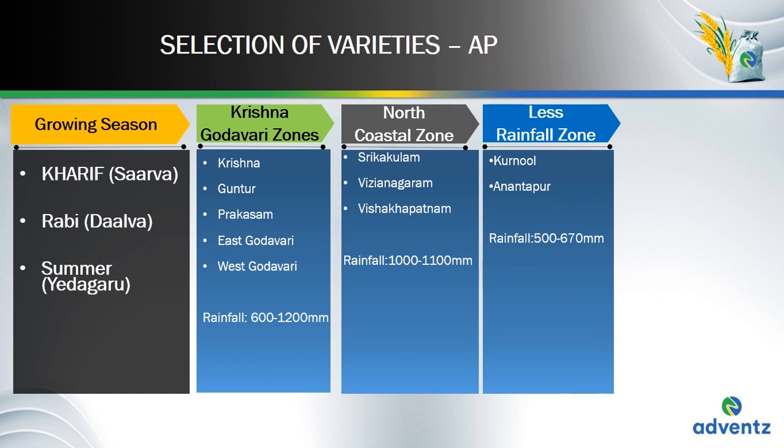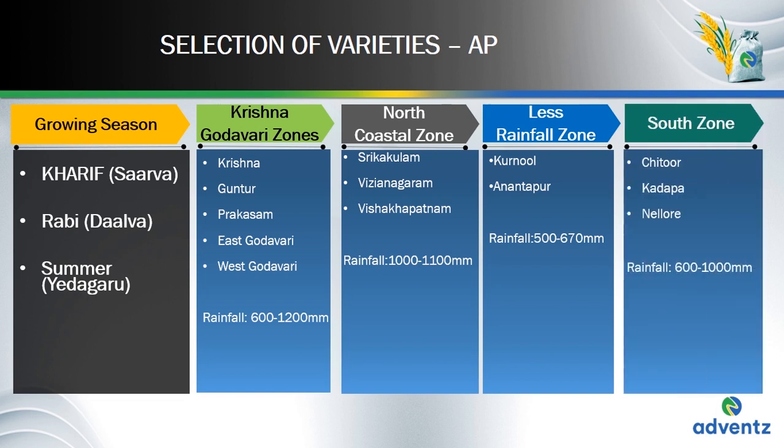The average rainfall ranges from 500 to 670 mm. And the last zone under Andhra Pradesh is called the South Zone, which constitutes Chittoor, Kadapa and Nellore.